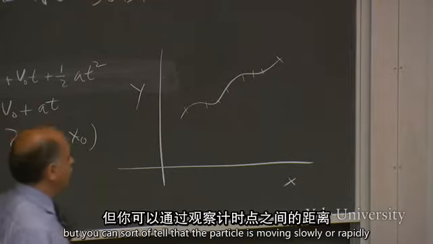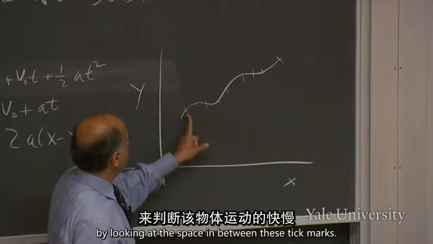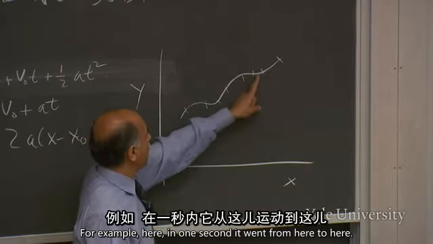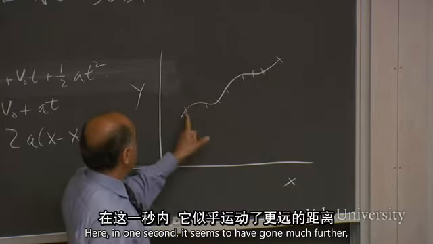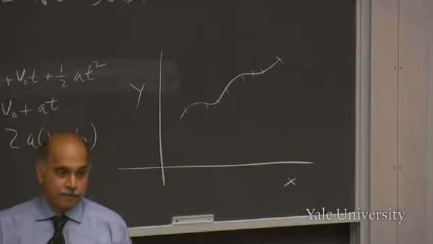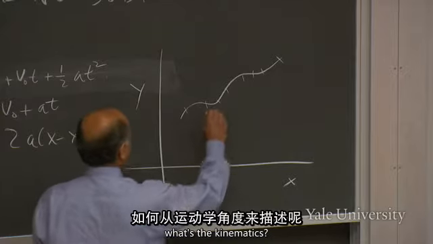But you can sort of tell the particle's moving slowly or rapidly by looking at the spacing between these tick marks. For example, here in 1 second, it went from here to here. Here in 1 second, it seems to have gone much further, so probably it's traveling faster. But if you want to describe this particle, what's the kinematics?